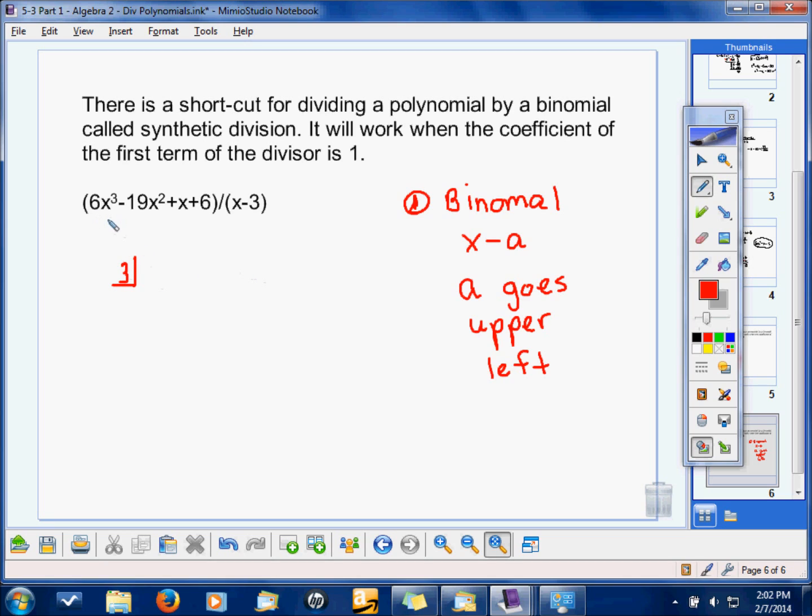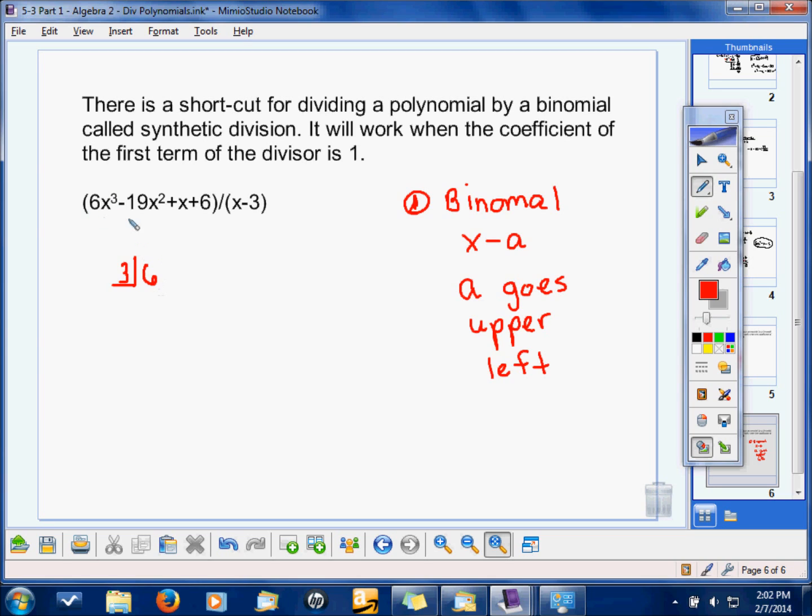So the coefficient of this first term, Sabrina, is what? I don't know, I'm really lost. Okay, the coefficient is the number that's times the variable part. Not the exponent, the number that's multiplied by the variable, so it's 6.